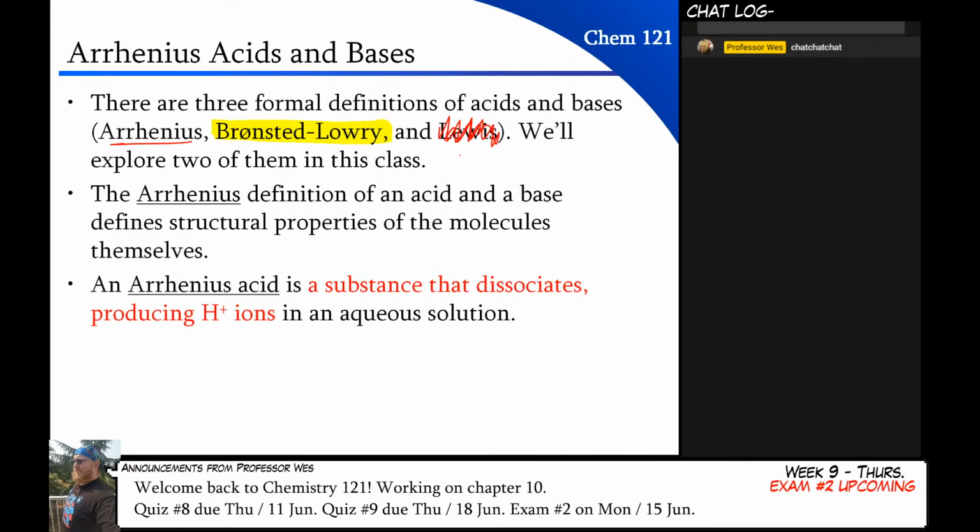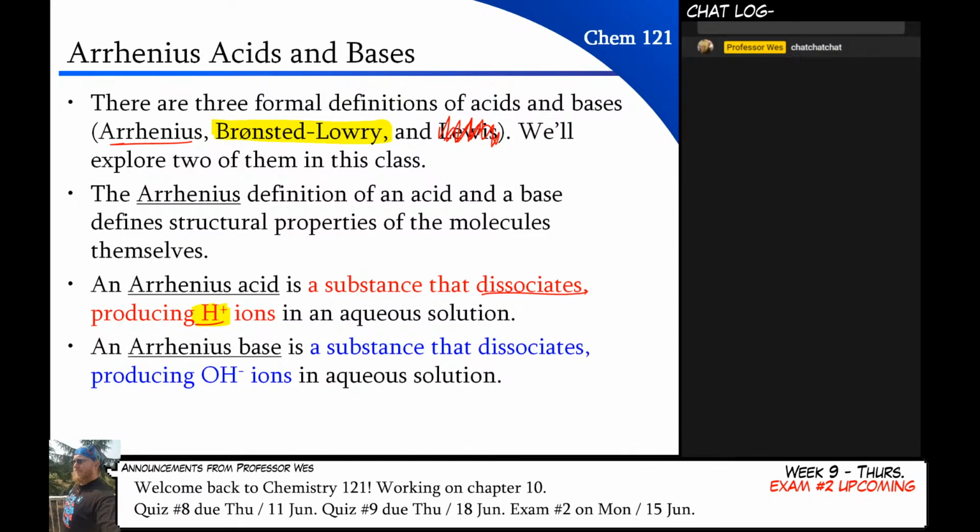If you're an Arrhenius acid, you have H plus in you. So any substance that splits into pieces, that's what dissociates means, if one of those pieces is H plus, you're an Arrhenius acid. So that's the key one. For an Arrhenius base, the same rule, except one of the pieces that you split into is OH minus. So this is what a base would be. Acids make H plus, bases make OH minus.